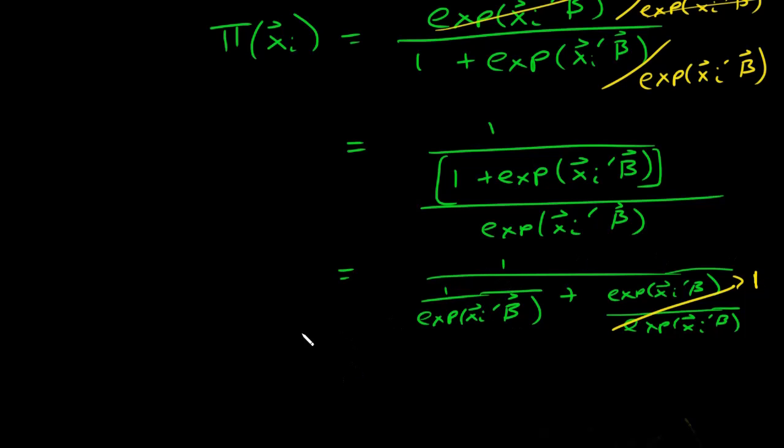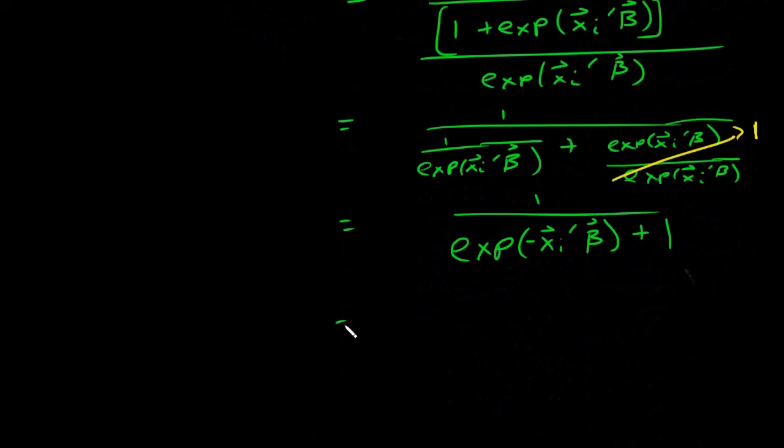And then this is a negative power, because it's 1 over e to the power of this, which is the same thing as having a negative exponent. So this is 1 over e to the power of negative xi transpose times beta, plus 1, which I think in the beginning of this video I had the other way around, which is exactly the same.